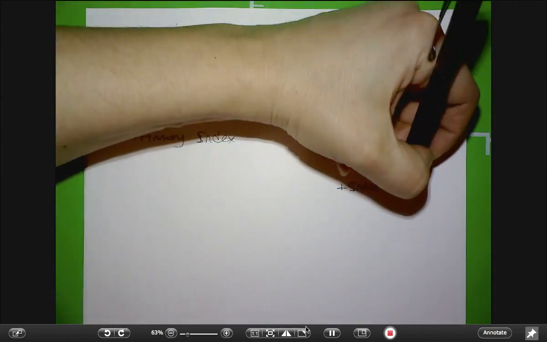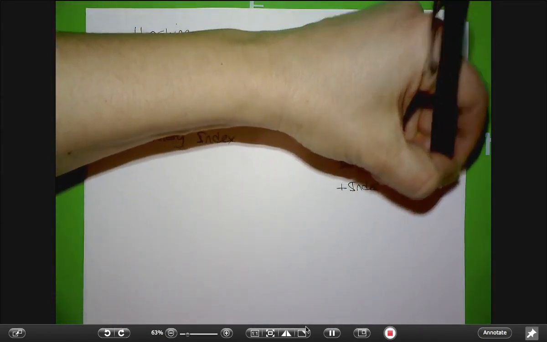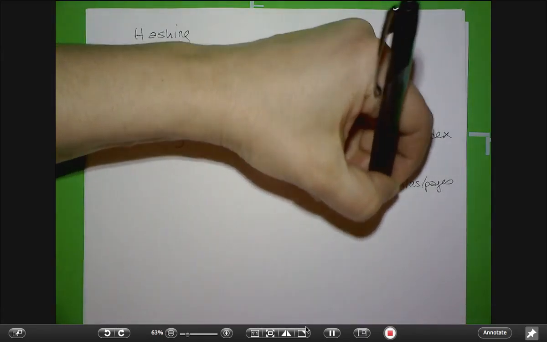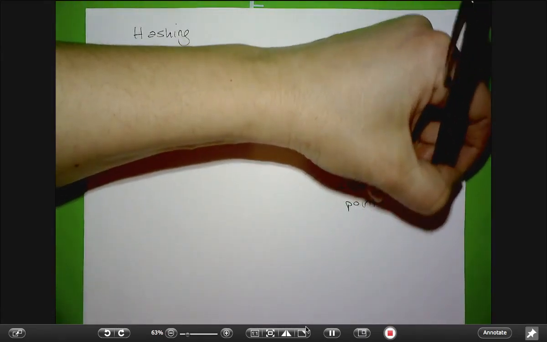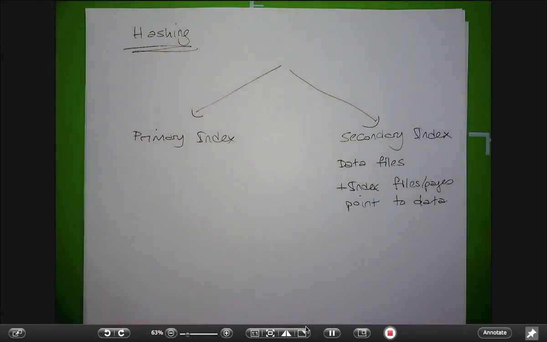And index files, pages, point to data. Of course, you can create many secondary indices for a given data, right? As many indices as you want.